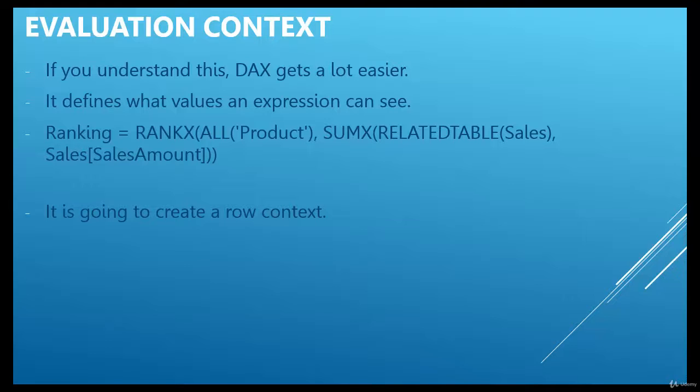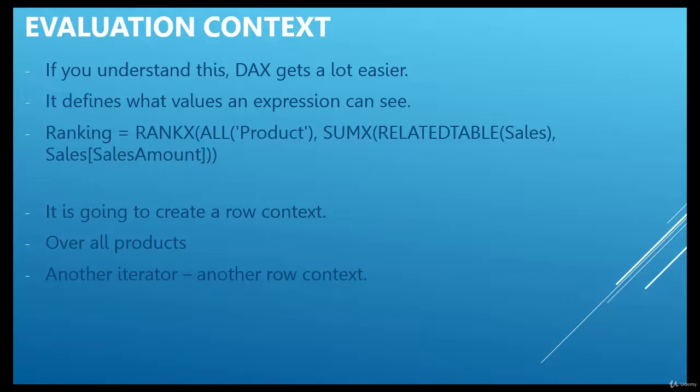So when we select the table in the iterator, it creates a row context because iterators run on each row of a table. So we created an iterator context. The next is we are looking to undo any filters that are being applied by using the ALL function with the iterator table.